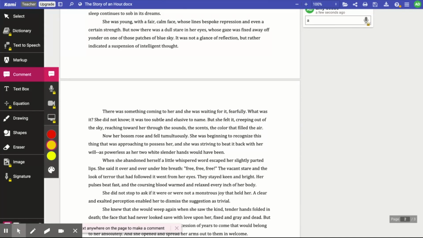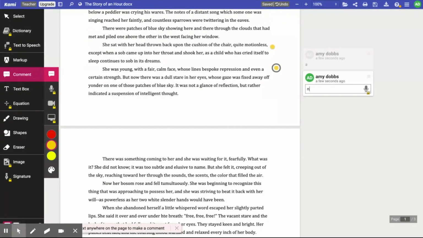And then it says she was young, with a fair, calm face, whose lines bespoke repression and even a certain strength. So we see a little difference here. The narrator's telling us a little bit about her. But now there was a dull stare in her eyes, whose gaze was fixed away off yonder on one of those patches of blue sky.